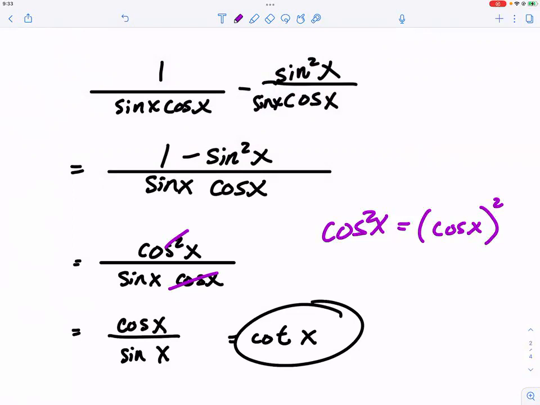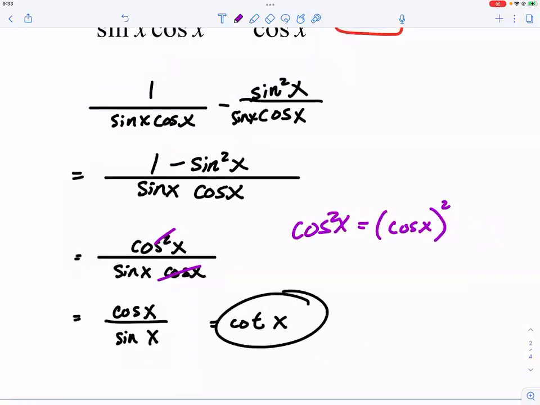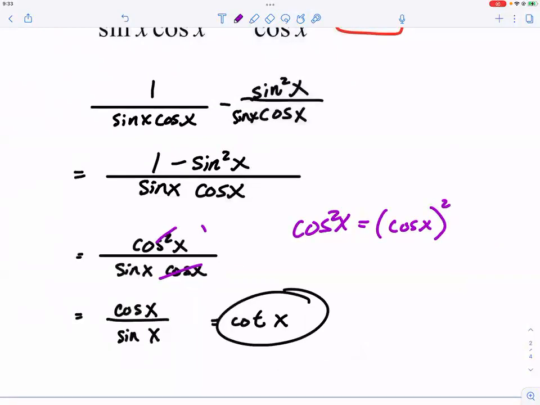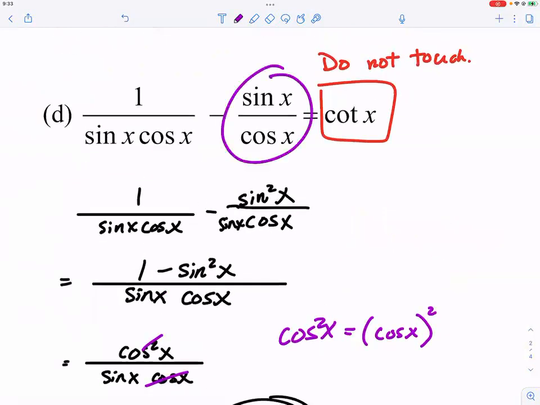How do you get the sine squared? You mean this one? Or this one? Well, when you do the common denominator over here, what's lacking in the denominator? Sine x, right?